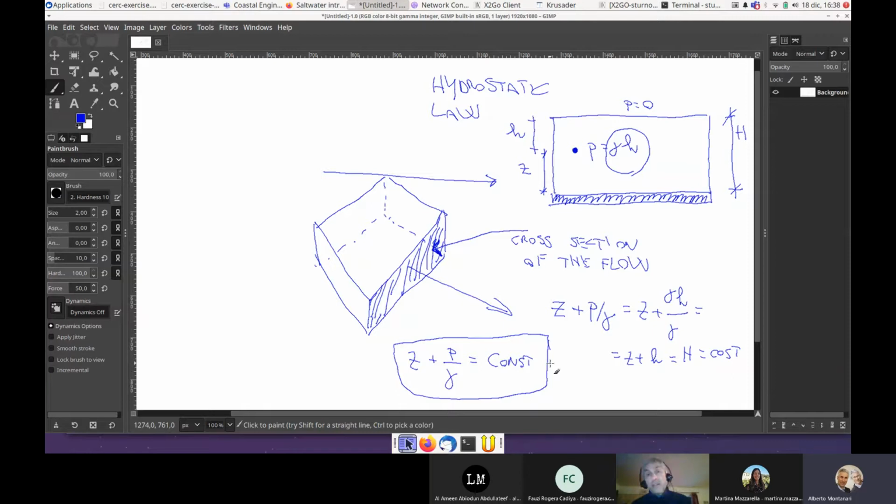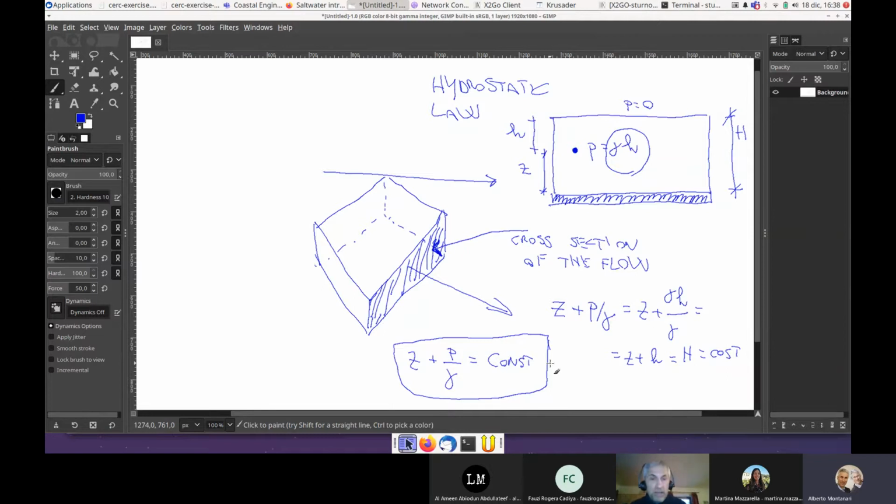Why am I interested in computing the pressure? Because we have two fluxes of water that are competing in the underground, and therefore, to understand who is dominating, I need to compute the pressure of fresh water and the pressure of salt water. So the hydrostatic law helps me in computing this pressure.